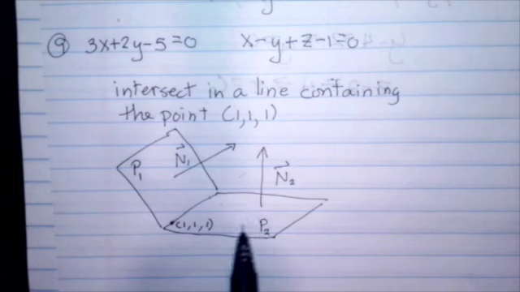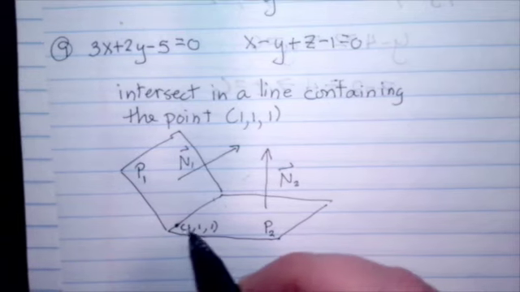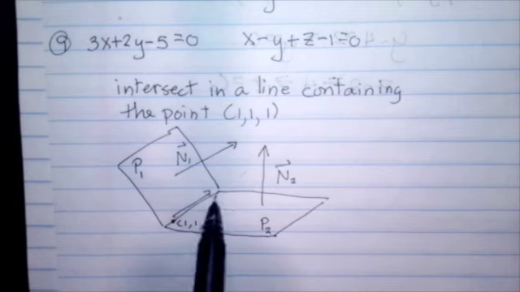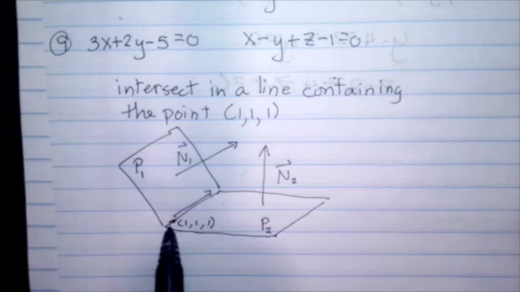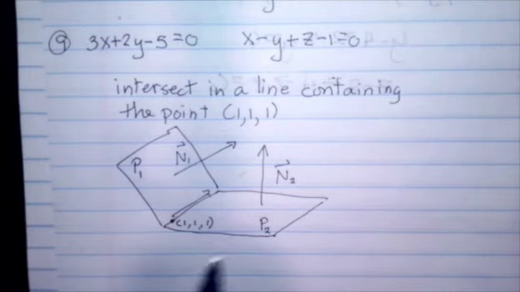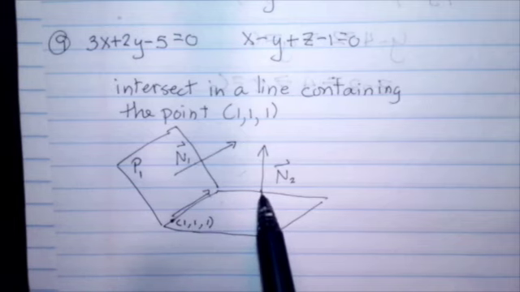Similarly, any vector in the plane P2 is going to have to be orthogonal to the normal vector n2. Well, the vector that we're interested in can be thought of as lying on that line of intersection. That means it's on plane P1 and plane P2. So this line is going to be orthogonal to this vector, but it's also going to be orthogonal to this vector.